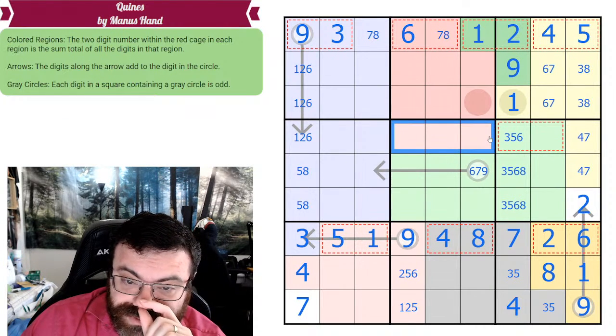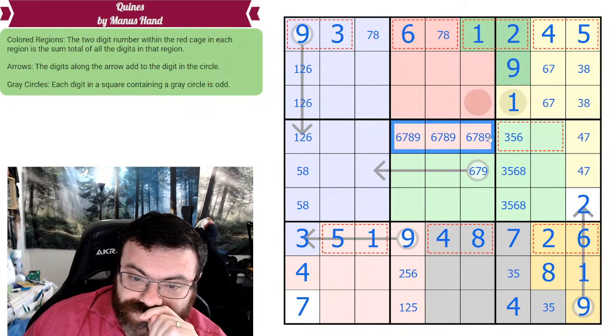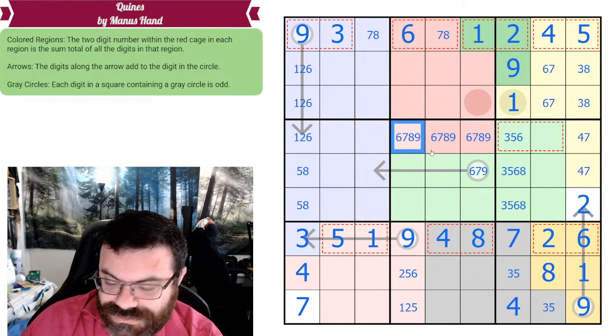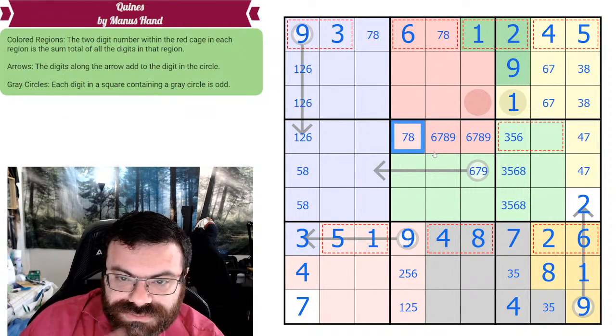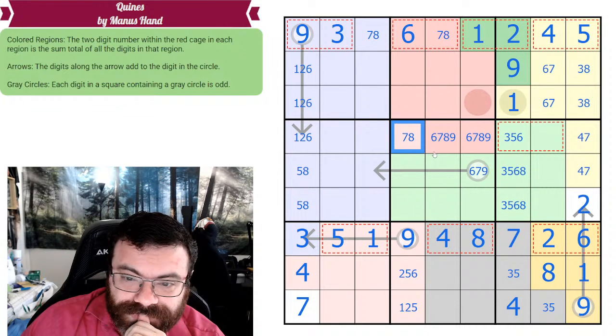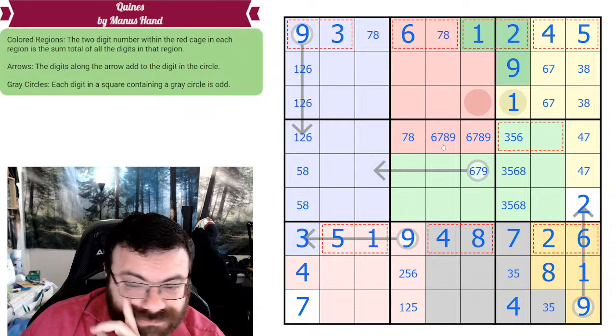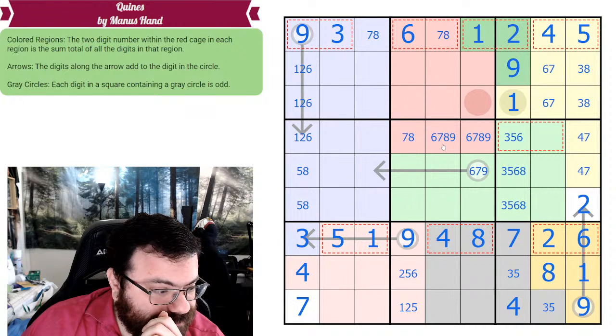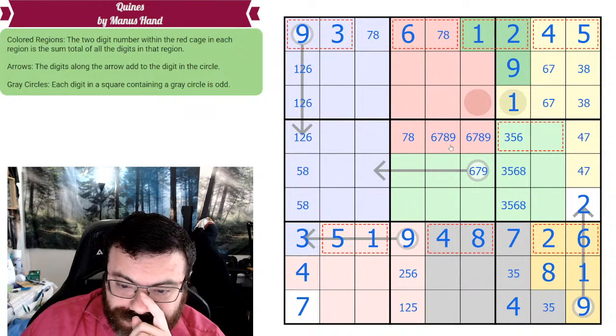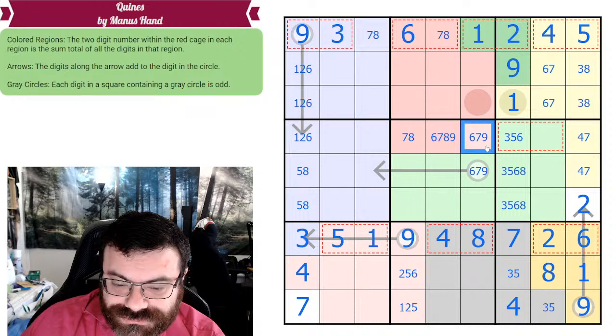This is 23 or 24. We're from 6, 7, 8, 9. That's not a 9 or a 6. That's not an 8. And we know that there's an 8 and a 9 in here.